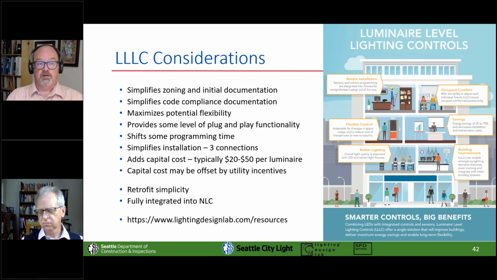From a design standpoint, I don't have to worry about doing very detailed zoning diagrams for my particular projects, because every single light fixture is its own control zone. Simple. I don't have to worry, from an installation standpoint, about bringing things like pipe and wire to the fixtures for control. Why? Because the control's already in the fixture and they communicate wirelessly in almost all cases.